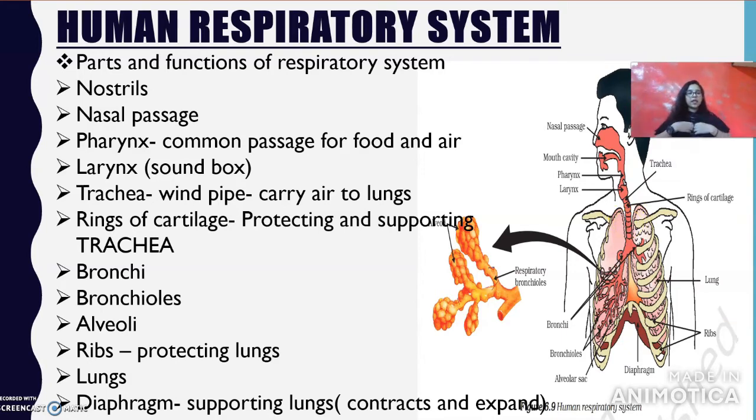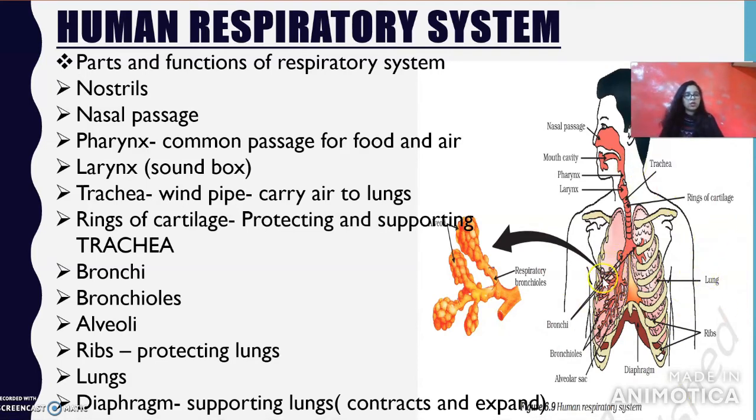Next, the trachea divides into two pipes and goes into the lungs. They are called bronchi. These two pipes are called bronchi. These bronchi again divide into many branches called bronchioles.